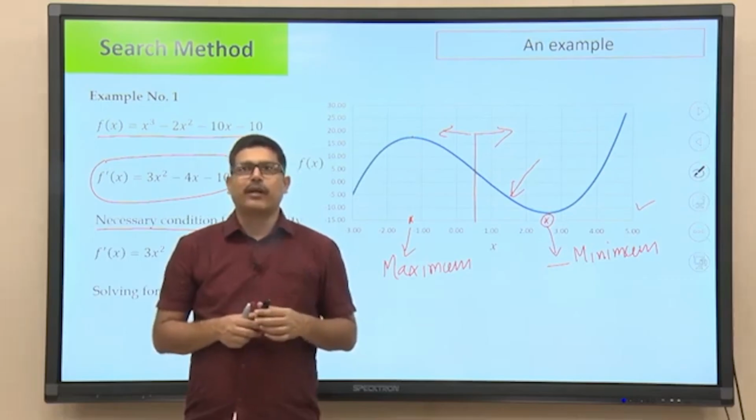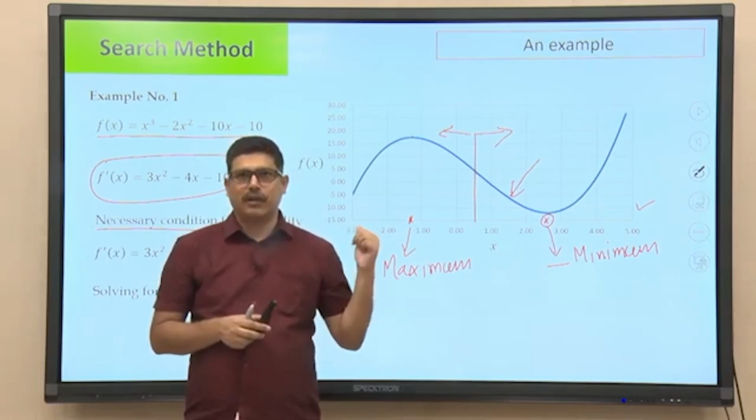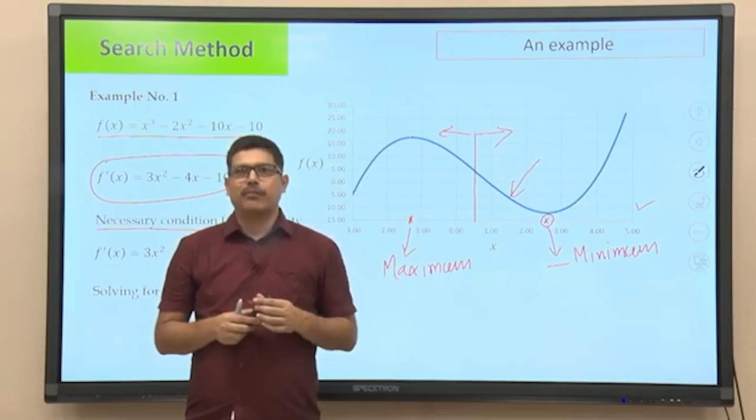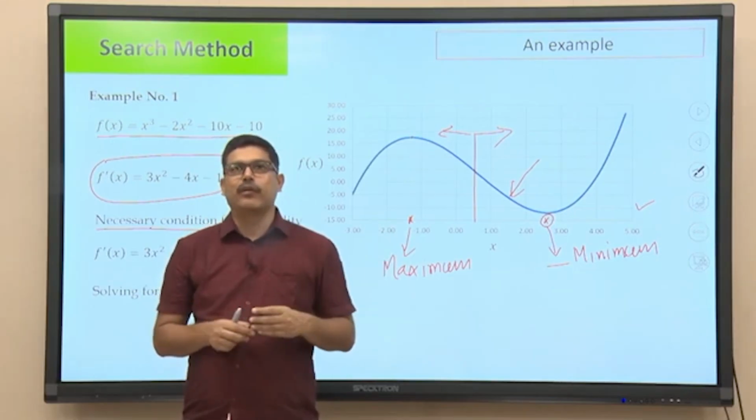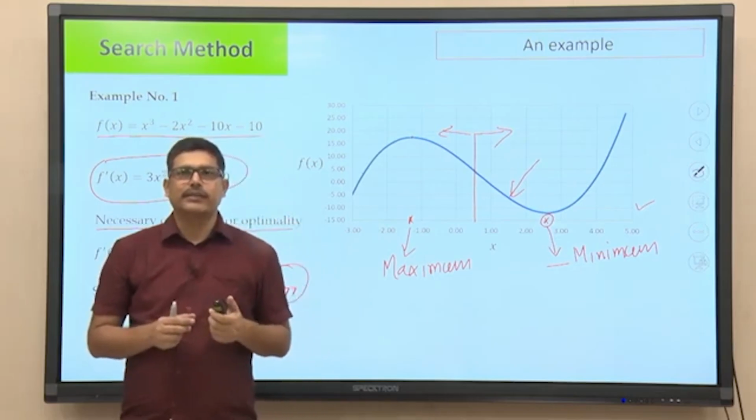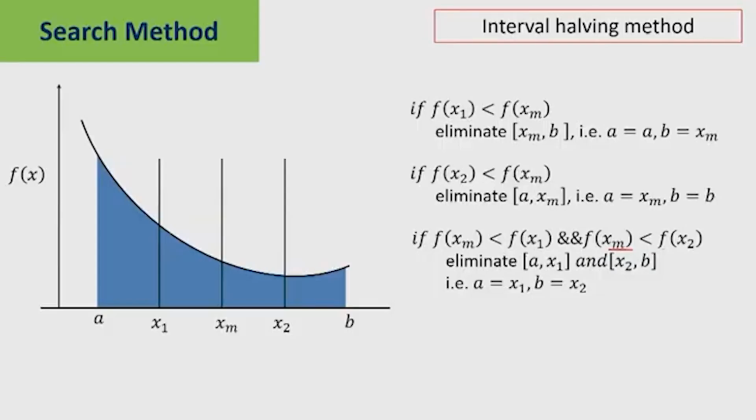I can do that, but in this particular example we will try to apply the region elimination technique as well as the Newton-Raphson method for finding the optimal solution of this single variable function. Let us solve this problem. The first one is the interval halving method.